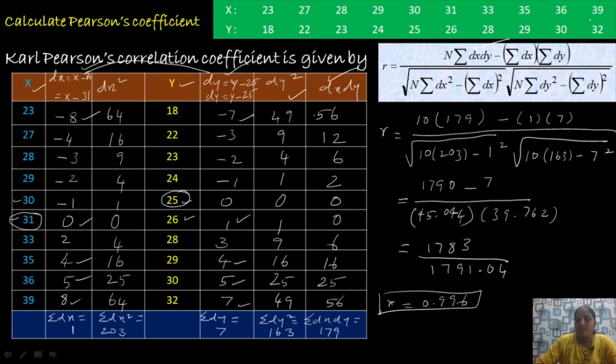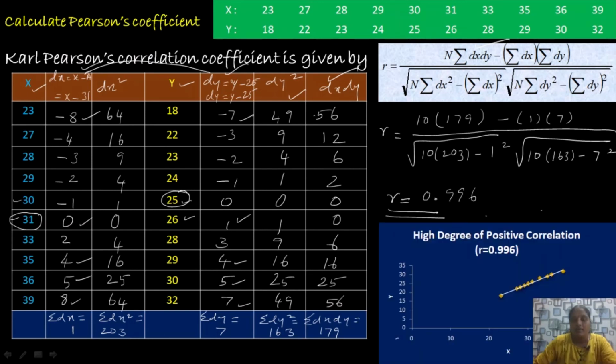Based on this value, our interpretation is that there is a high positive correlation between the two variables. Let me show you the scatter diagram of the given variables x and y. Here there is an upward movement and almost all of the points lie on a straight line, with a slight deviation of two points.